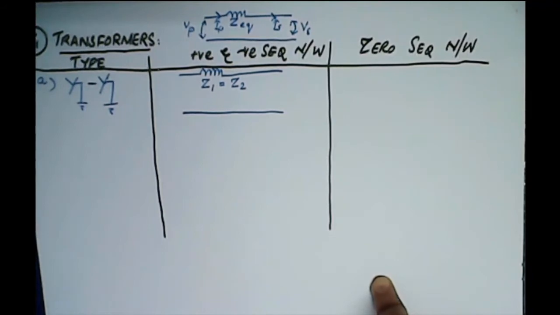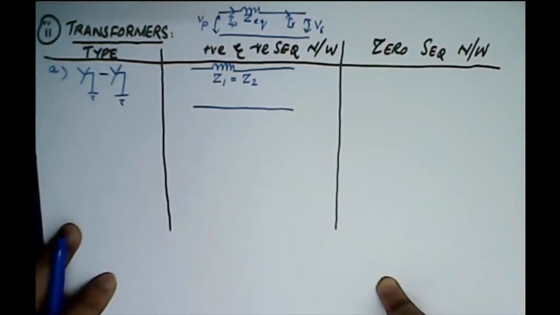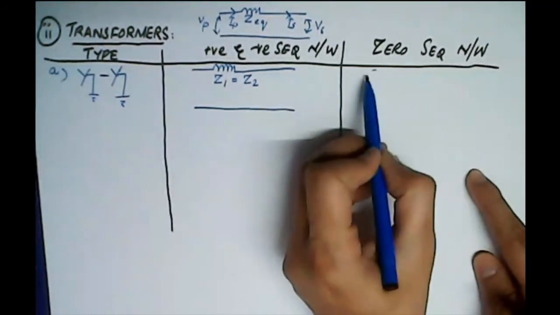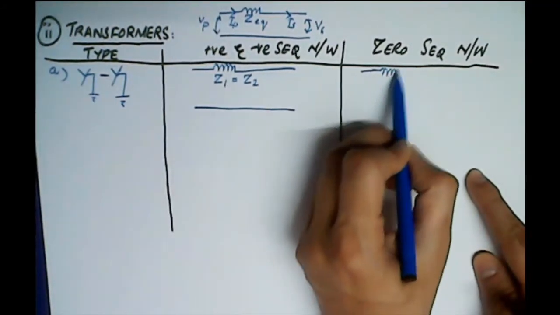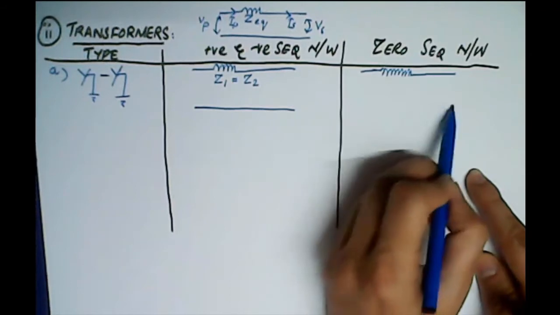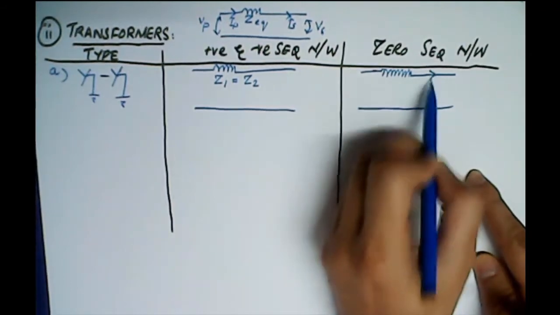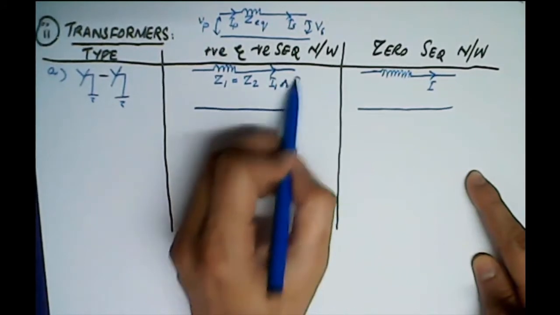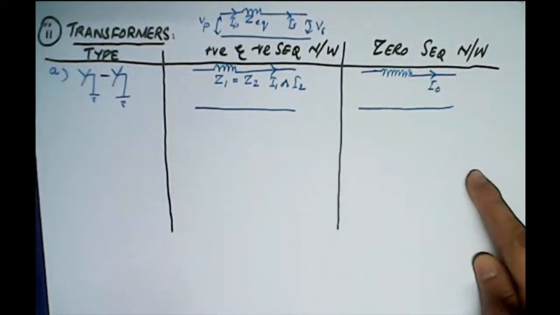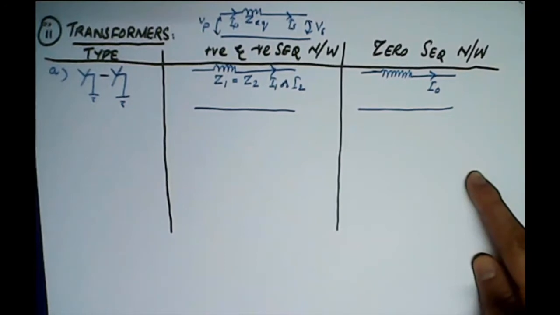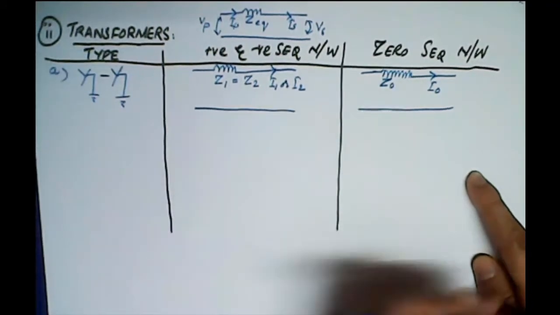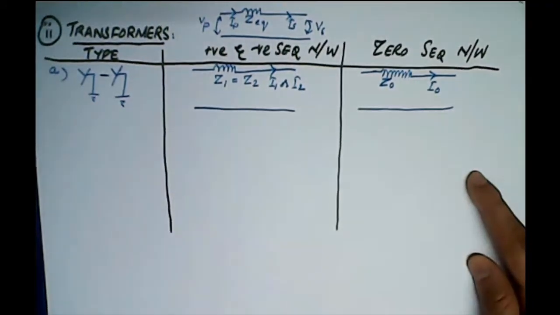Since both the primary and the secondary windings are grounded, this means that there will be a zero sequence component existing, or in other words a zero sequence current will be flowing through this transformer, with a sequence impedance of Z0 equal to 3 times Zn. Clear?